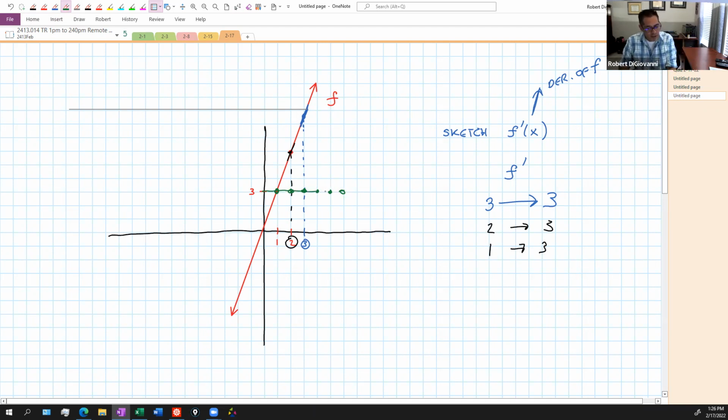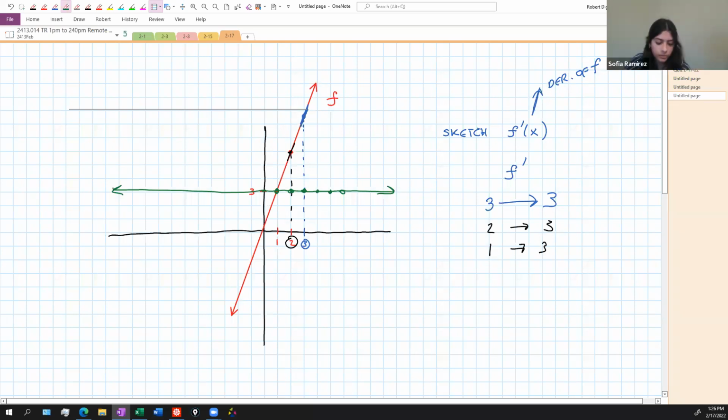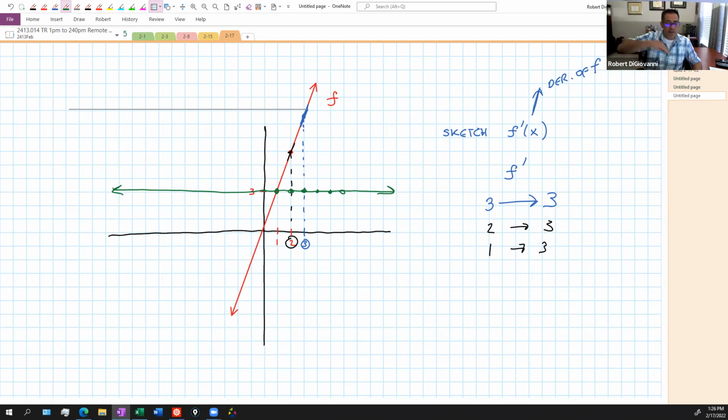So isn't the derivative just going to be this function here? Yes. So the derivative is just the number of the slope of the original line? Yes. Now, Sophia, it's an easy problem when the original function is a line, because it always has the same slope, doesn't it?